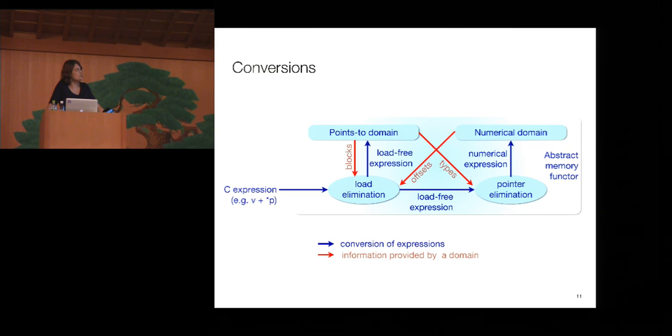In the same way, the pointer elimination needs type information that is stored in the points-to domain. In the paper, we give the signature of all these functions for conversion of source expressions, and we give more details about these conversions.